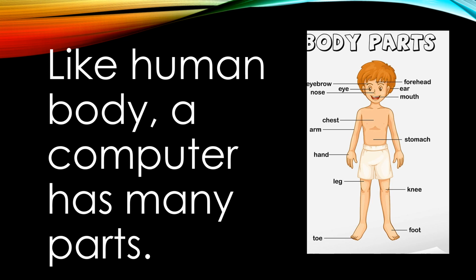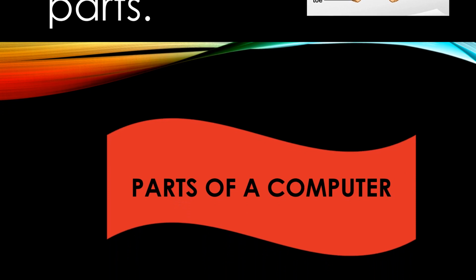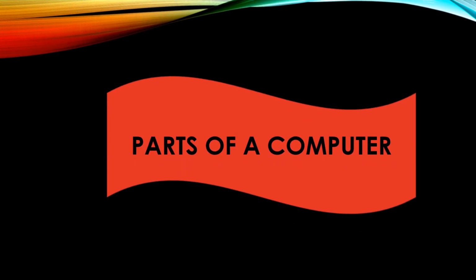We have internal body parts and external body parts, like forehead, ear, eye, nose, stomach, chest, arm, etc. Similarly, a computer is also a body which has many parts. So, let us study about these parts of a computer in detail.